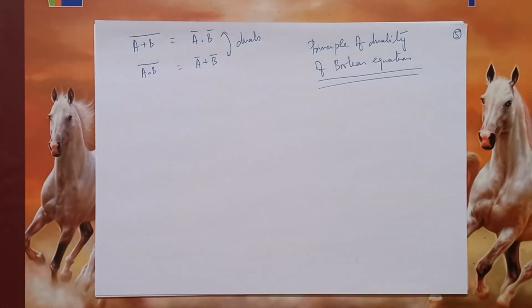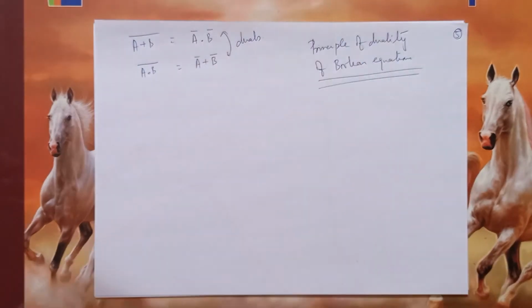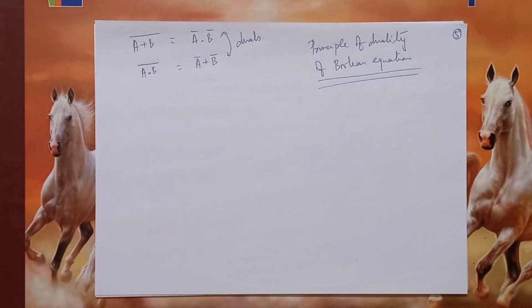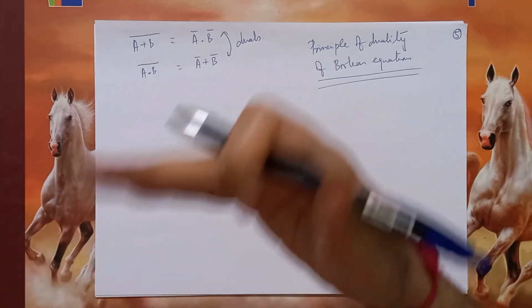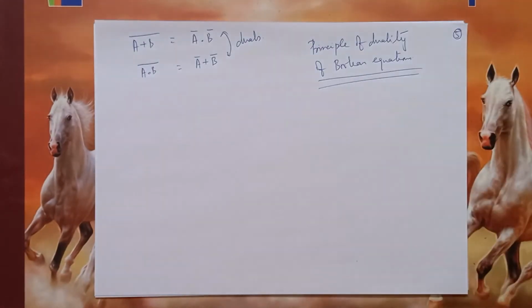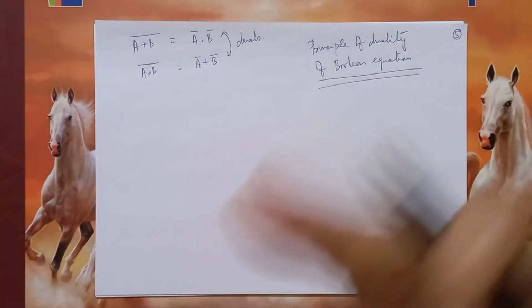The resulting equation would still be a correct and valid equation. So, if an equation is true, its dual is also true. So the dual of an equation refers to its form wherein all the pluses are replaced with dots, the dots are replaced with pluses, the ones are replaced with zeros, and zeros are replaced with ones.